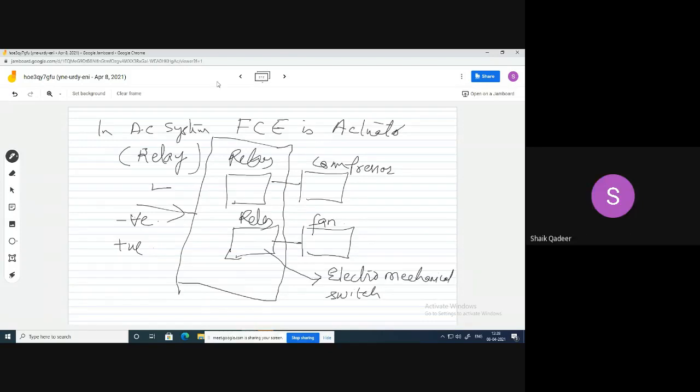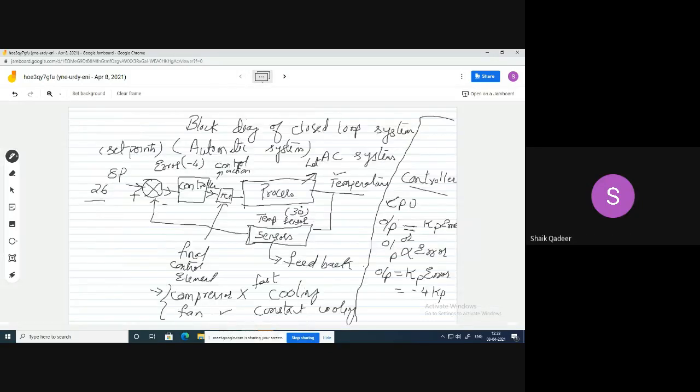Now look here, your entire engineering is based on this particular block diagram. All the courses are based on this block diagram.